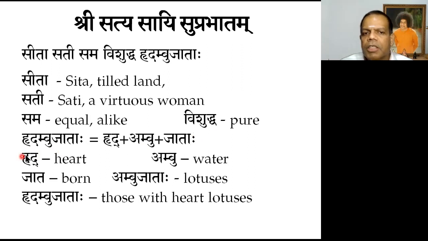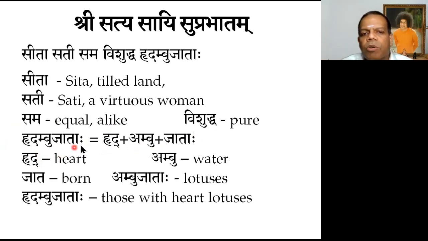Hridambujata. It's made of three words. One is Hrid, the next one is Ambu, and the third one is Jata. So this is what we call a samasa, a compound word. Many words coming together to make one word.